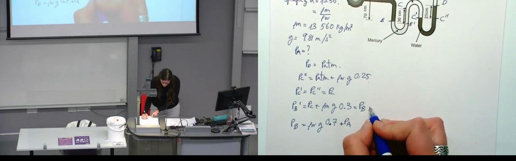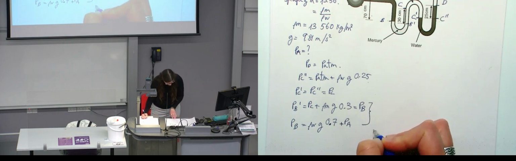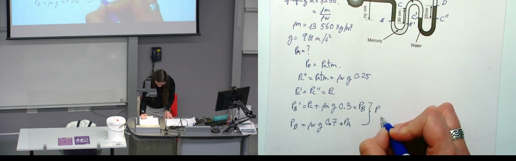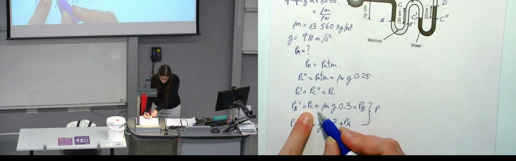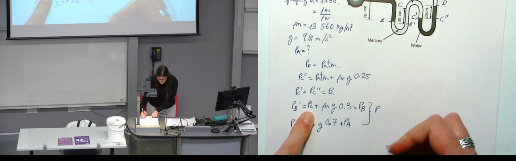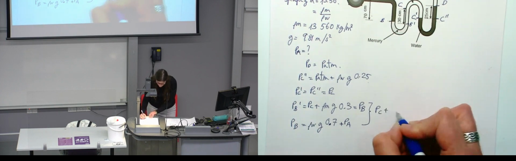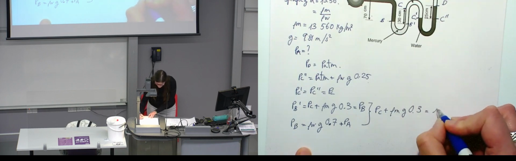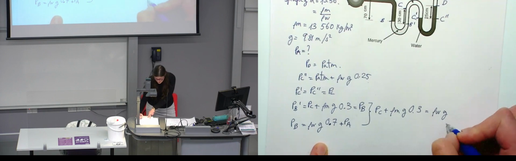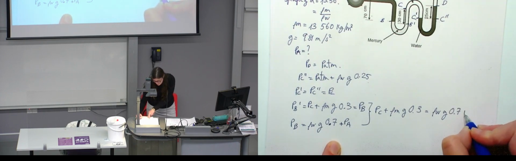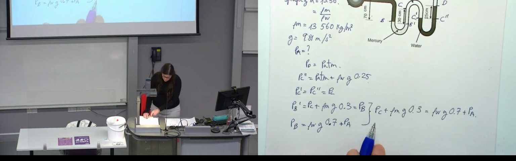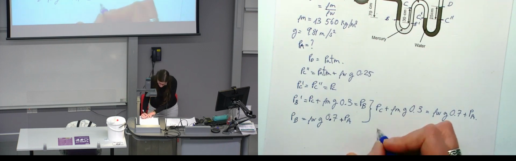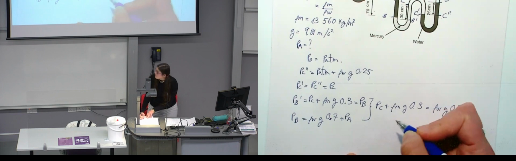If we put these two together, we get that the pressure at C plus rho mercury times g times 0.3 is equal to rho water times g times 0.7 plus the pressure at A. Then we can isolate the pressure at A from here.